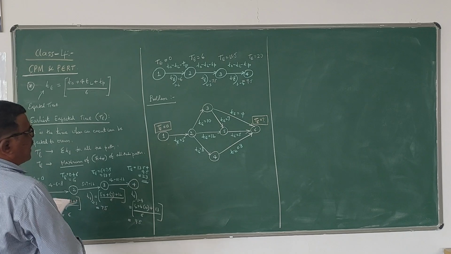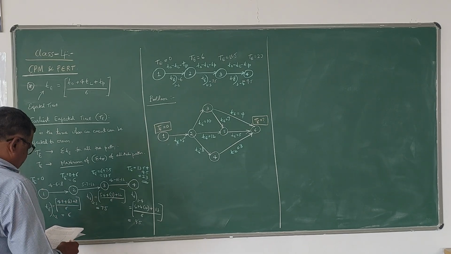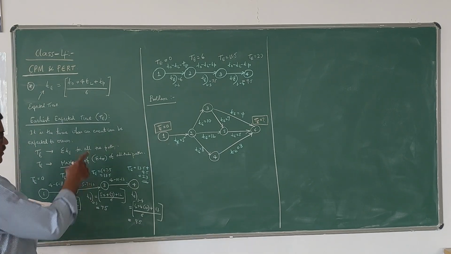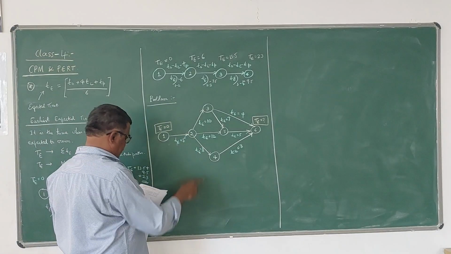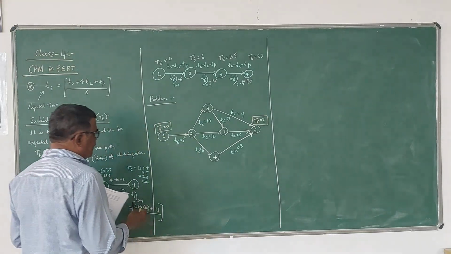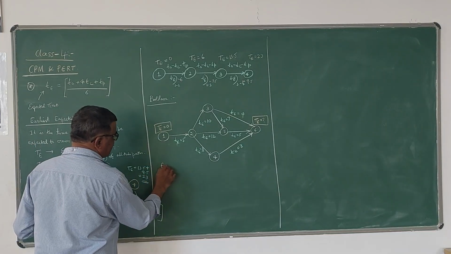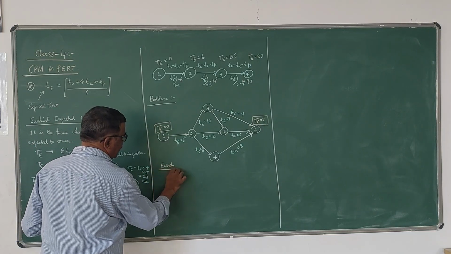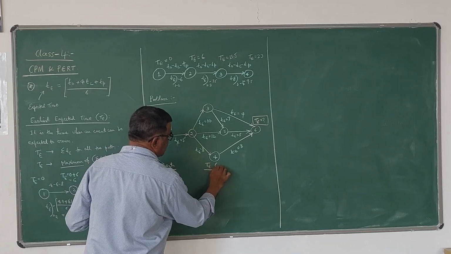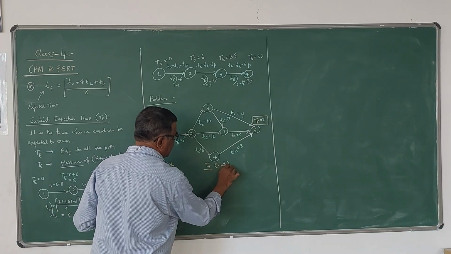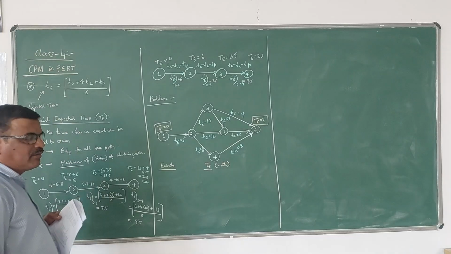Now, let us calculate the values of capital Te for all the events. So I will write events and capital T. Of course, it is in units, so he has not given days or hours.